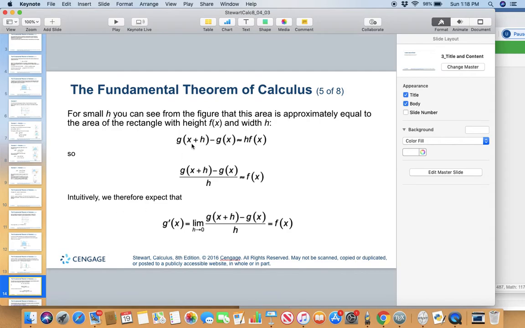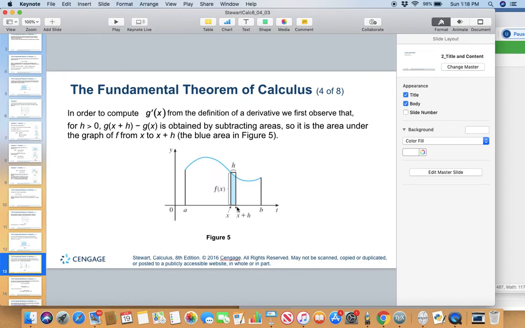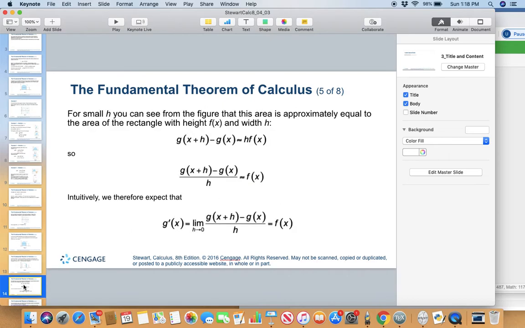Now, g(x + h) minus g(x) is approximately h times f(x). Does that make sense? H is the width here and f(x) is this height. So it looks like this area under this small curve is approximately the area of this rectangle. Width h, height f(x).